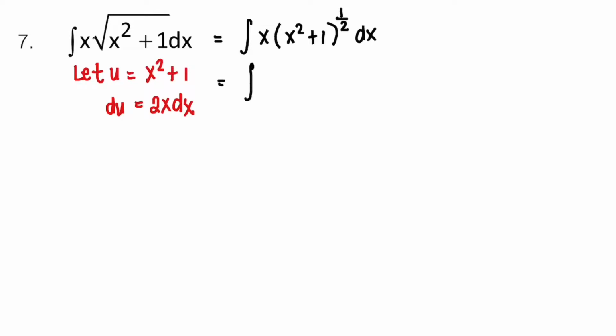And then we can rearrange that to x squared plus 1 raised to the power of 1/2 times x dx. So from here, in our differential, we can see x dx, and we have x dx here in our integrand. We can just replace that by dividing by 2, so x dx becomes du over 2.